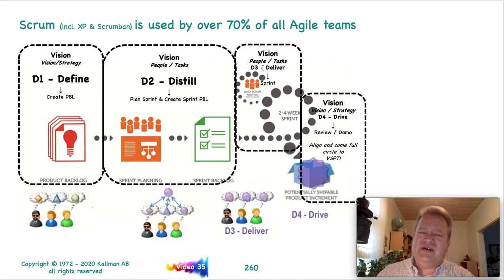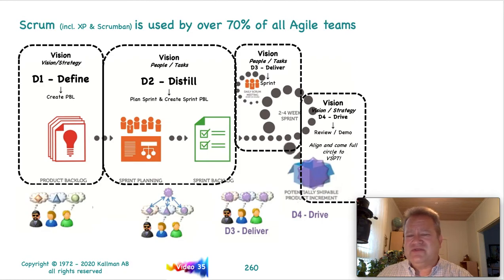And so if you get the first 2 steps done correctly, definitions and distilling agreement, you can go ahead and do the delivery. At the end, the product owner is going to look at that potentially shippable product increment, and that's product, service, or result.